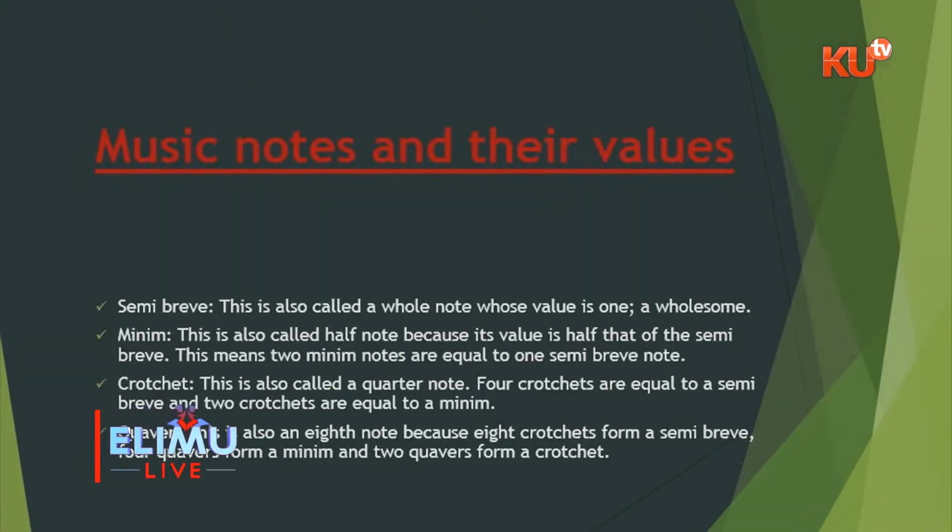Next. So these music notes and their values. Let's look at their values because they will help us. The first one, semi-breve, is also called a whole note because it is taken as whole, one, full. So it is a whole note whose value is 1.